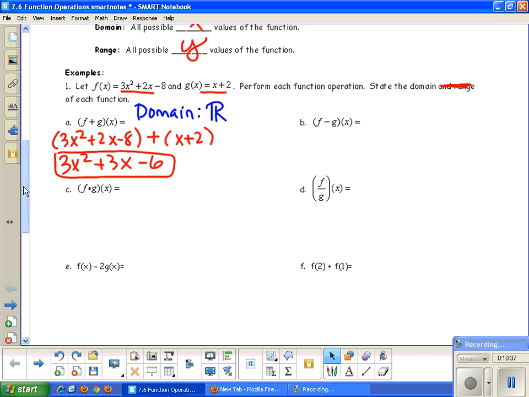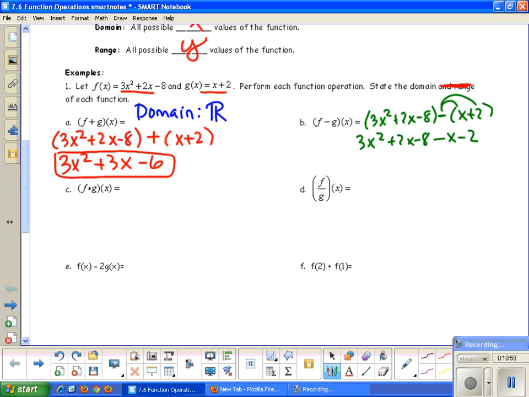Now we're going to do subtraction of functions. So now instead of adding, we're subtracting, and notice that I always like to put everything in parentheses, because if you don't, then you might miss the fact that right here we have to distribute that negative to each of my terms. So this is 3x squared plus 2x minus 8 minus x minus 2. And then after you distribute, you combine like terms.